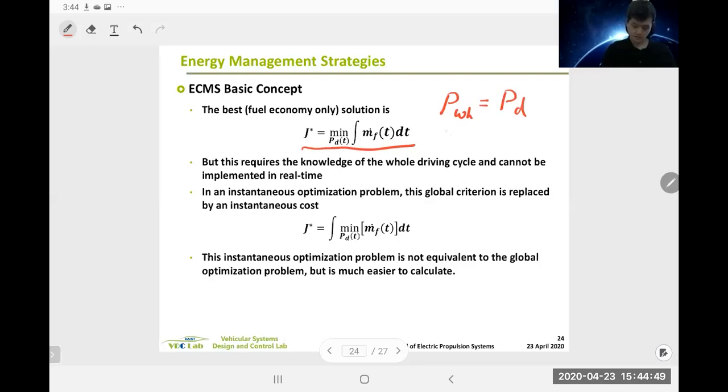And then final SOC equals initial SOC, okay? These two are constraints. And this is the original optimization problem, okay? But the main idea of ECMS is this.